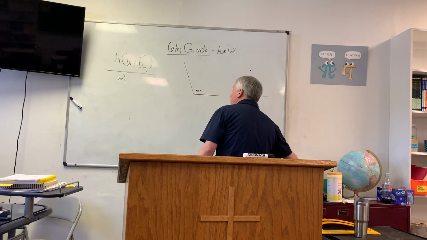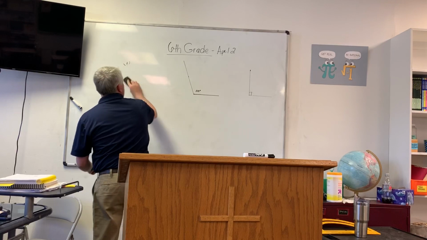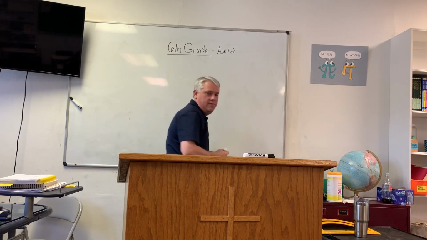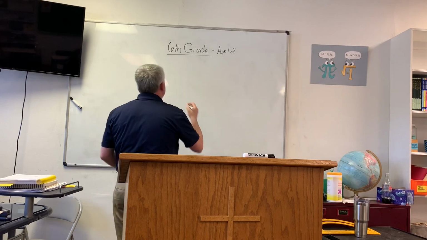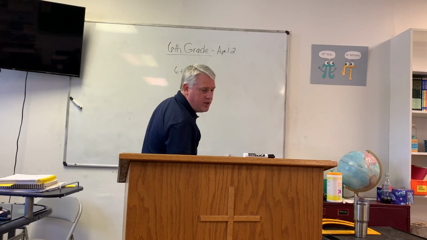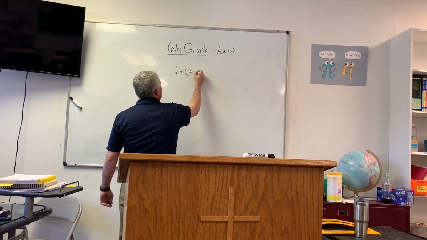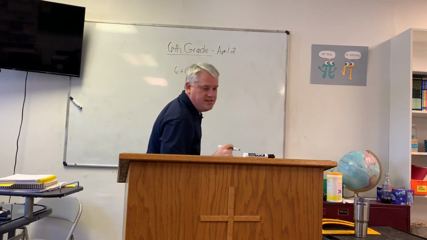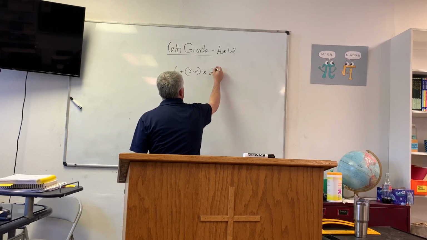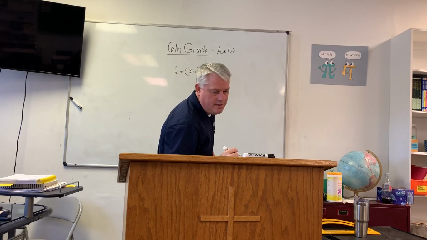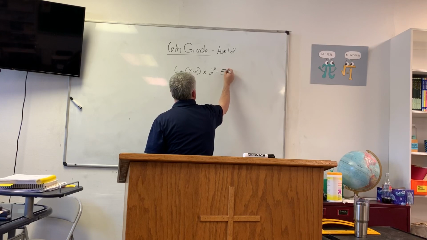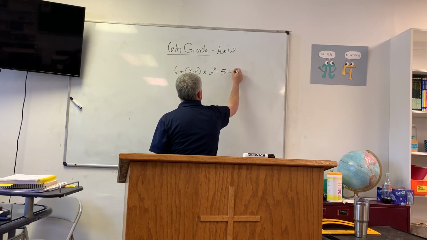Now, we can work this one problem together here for order of operation. We have 6 plus 3 minus 2 in parentheses times 2 squared minus 5 divided by 5.